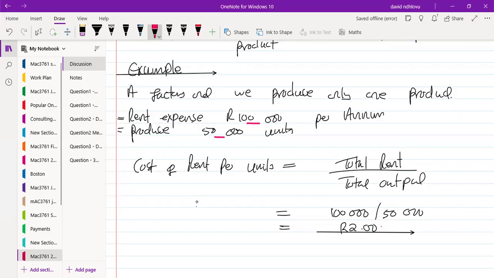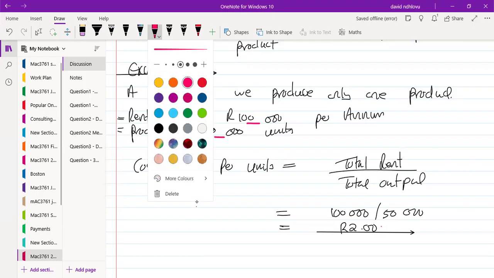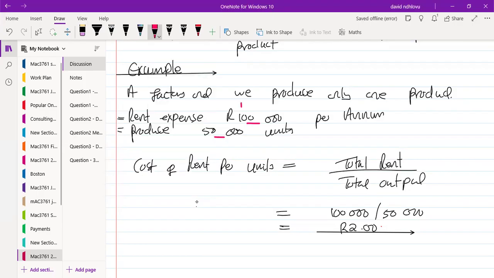So any cost that is incurred because of a specific or a particular product, or it is incurred all of it for a particular product, that cost will be a direct cost. So note here that the rent is a fixed cost.